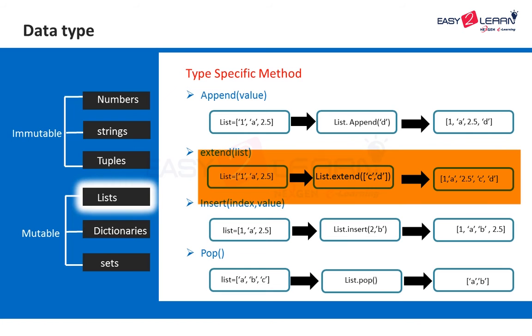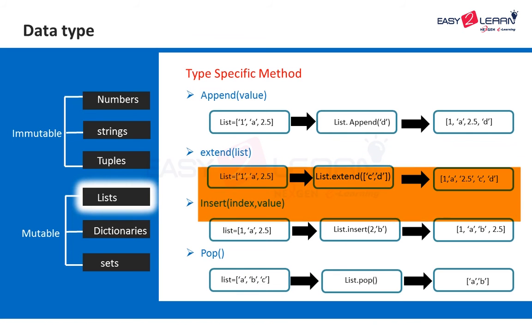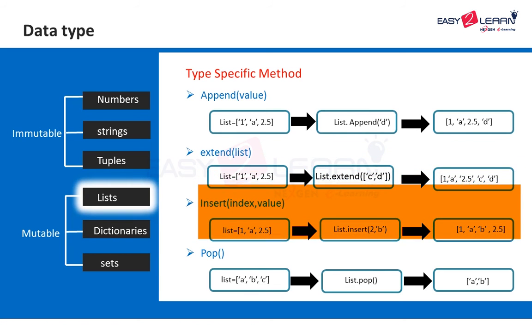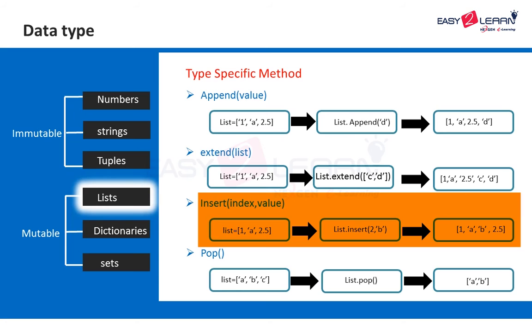Now similar to append and extend is the insert operator. But using the insert operator, there is something specific that you can do: you can specify a certain position in your list where you wish to add an element.